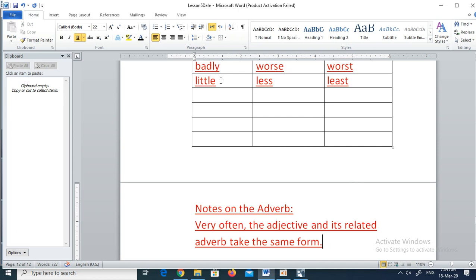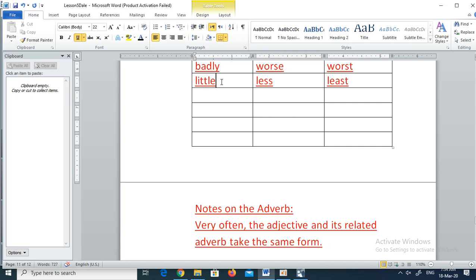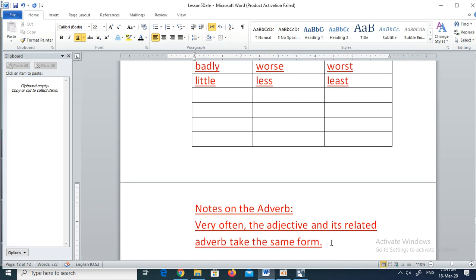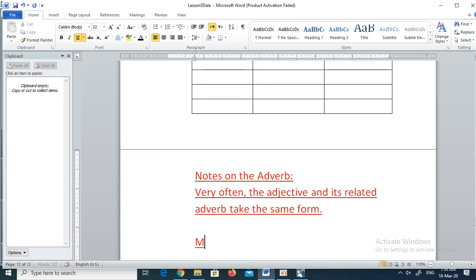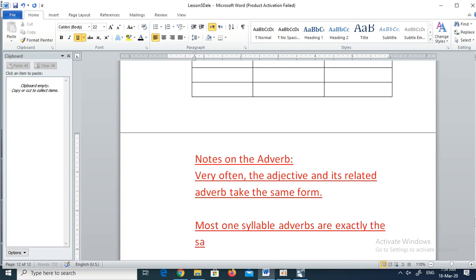So little can be an adverb or an adjective. Fast can be an adjective or an adverb. Most one-syllable adverbs are exactly the same as the adjective in form.